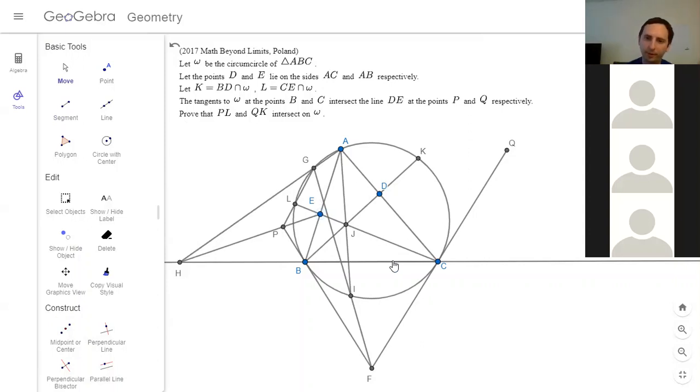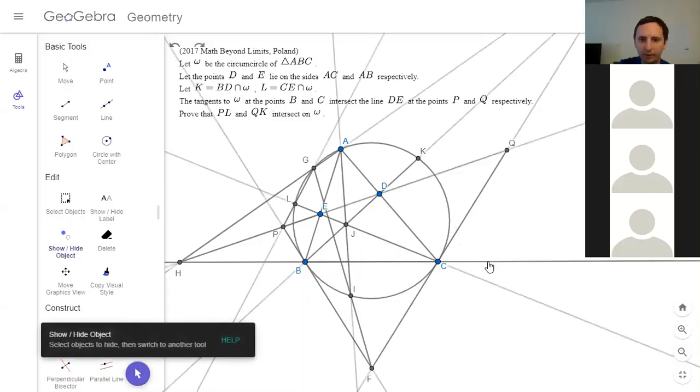Yeah, this looks very similar to the other problem we did. Then we can project through A onto BC. GI and F are collinear, that's a true statement, but let me draw this point.